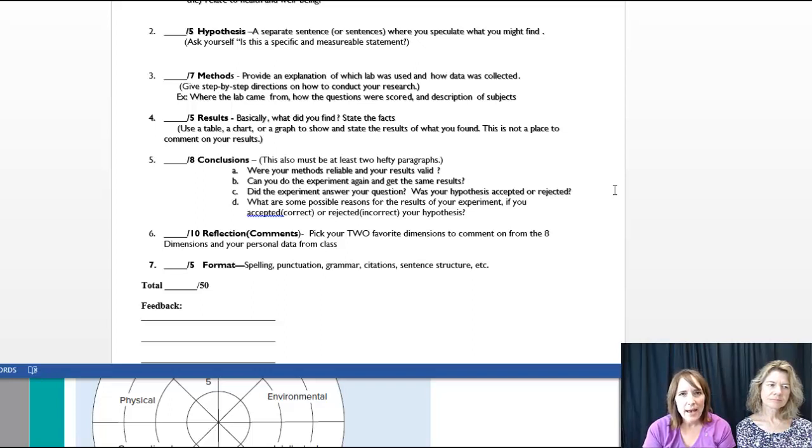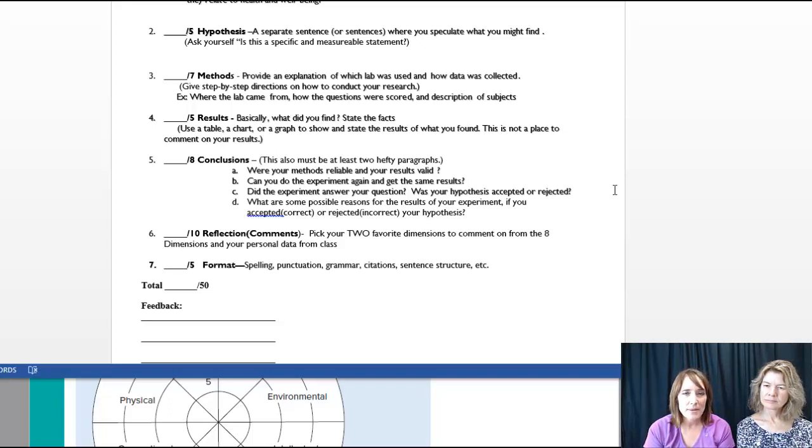And you will have a peer review of this paper as well. So you'll be turning in a draft of your lab report to the designated discussion area by 6 p.m. on the due date, which is day 3 on May 16th. By 6 p.m. you'll be turning in a rough draft.